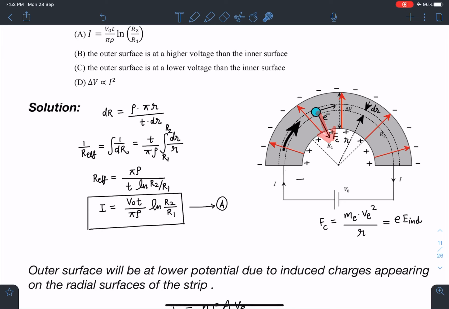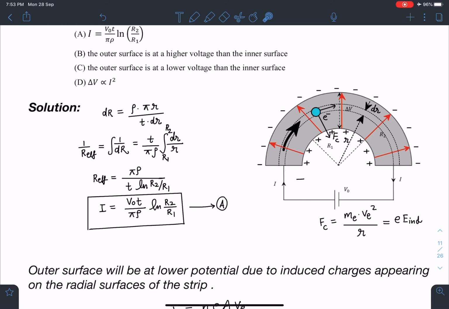So the induced charges must develop in such a way that this electron can take the turn, or this electric field must come in such a way that the force is towards the center. So definitely these red lines are the electric field due to induced charges. On the inner surface positive charge will develop, and on the outer surface negative charge will develop.